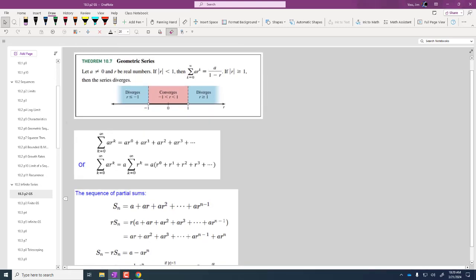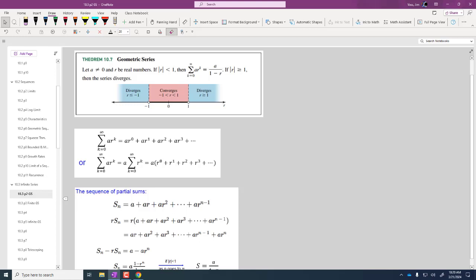So geometric series will have convergence. Like Zach, what you mentioned earlier, you said, can't we just say that it converges if R has a magnitude less than 1 and diverges otherwise? Yes, if we're talking about a geometric series. For a geometric sequence, we have that one oddball case that if you plug in R equals 1, you actually get convergence.